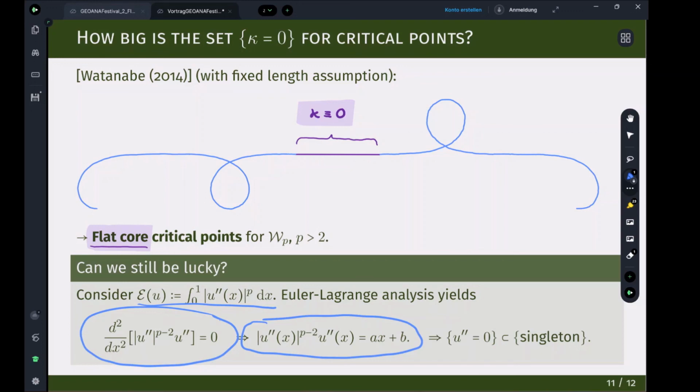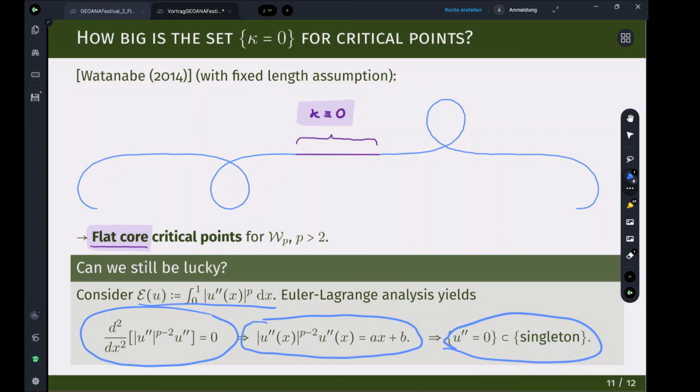So either u'' is identically equal to 0, which now corresponds to the line case, but for each critical point that is not a line, the vanishing curvature set can only consist of at most a singleton, and this of course gives a little hope for what is about to come.